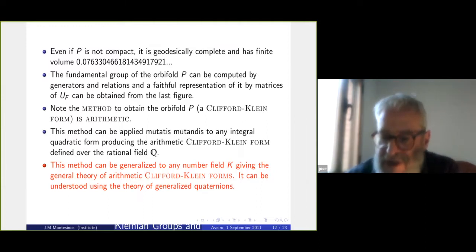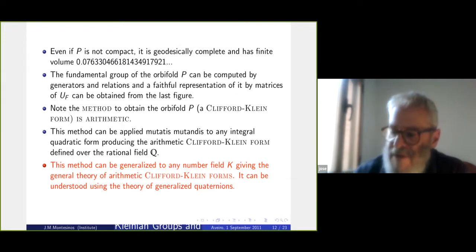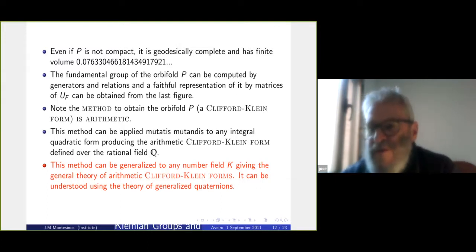Now, the relationship between this theory of matrices with integral entries and quadratic forms and generalized quaternions has been obscured with time, so that not many people know why these quaternions appear.